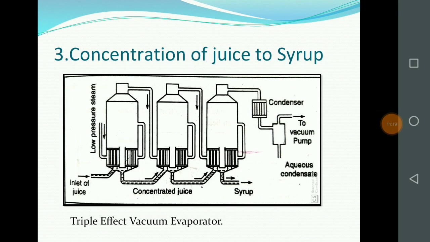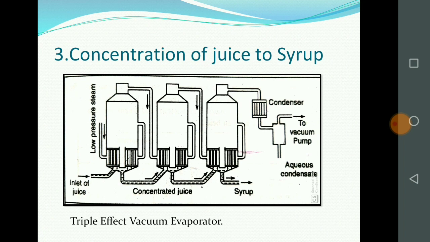The top of the first evaporator is connected to the calandria of the second evaporator, and the top of the second evaporator is connected to the calandria of the third evaporator by the steam outlet pipe.